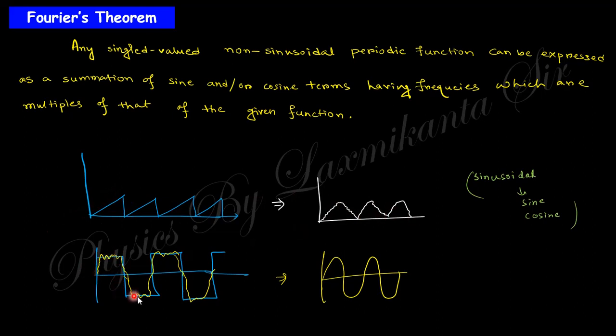Or you can see this is a square function, this can also be represented as sine and cosine. So this is the graphical representation, and mathematically this is also possible. A non-sinusoidal periodic function can be expressed as a sum of sine and cosine functions. This is the Fourier theorem.